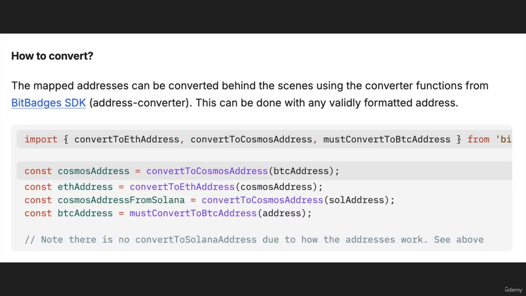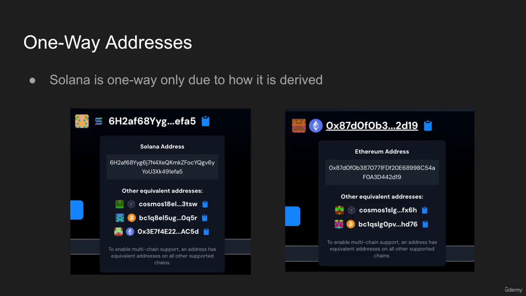And with the SDK, there are many different functions to help you along the way converting to and from each thing. You might often see Cosmos address. This is an alias for our BitBadges address. We use them a little interchangeably. We're trying to go more towards being fully BitBadges address as a naming scheme, but again, you might see Cosmos address, and that's just the one with the BB prefix.